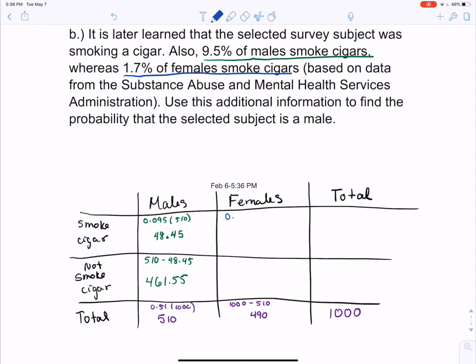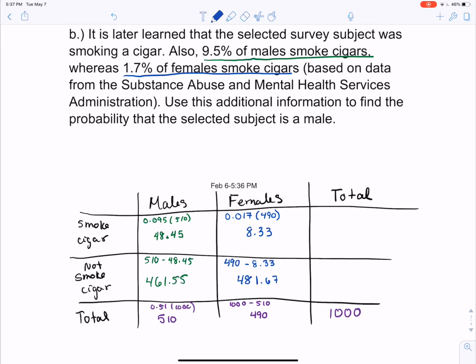So that's 0.017 for my females in smoking cigars times the total number of females, that 490. That gives me 8.33. Just like before, I can use subtraction. So I'm going to do the 490 total females minus the 8.33 that smoke cigars, and that tells me that 481.67 do not smoke cigars.